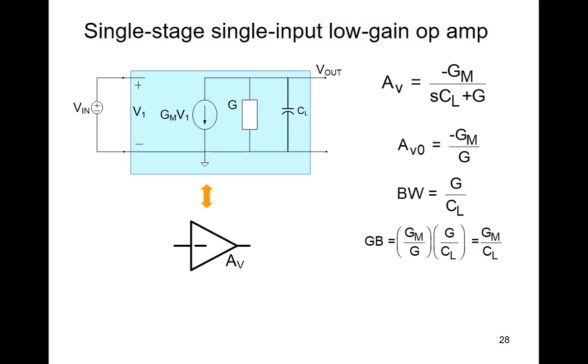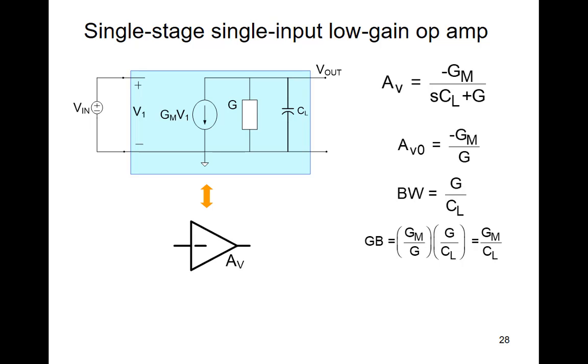So let's get a couple of properties of this single-stage op amp. We see the DC gain is now minus Gm over G. The bandwidth is the pole location, a first order system, and we take the negative of the pole location.